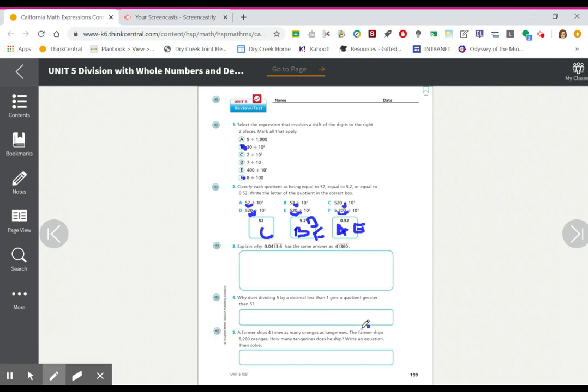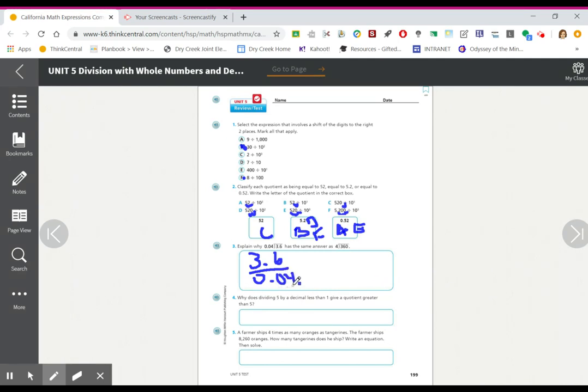Okay, number 3 says explain why 3.6 divided by 400 is the same as 360 divided by 4. Well, simply put, if I change this to a fraction, I know it's going to be 3.6 divided by 0.04.